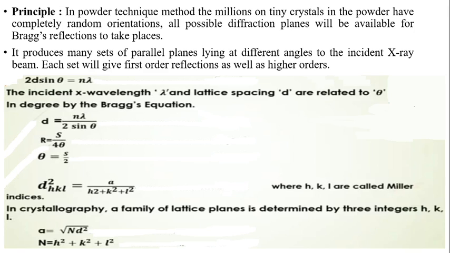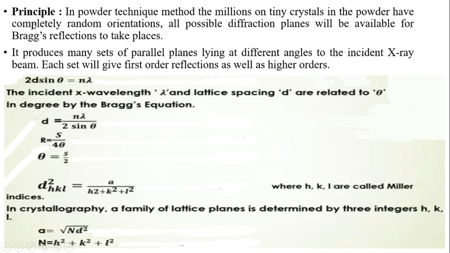The incident wavelength lambda and lattice spacing d are related to theta, in degrees, by the Bragg equation, d equal to n lambda upon 2 sin theta, and r equal to s upon 4 theta, where r is the radius of the camera, s is the circular arc, and theta is the angle through which the detector is rotated.